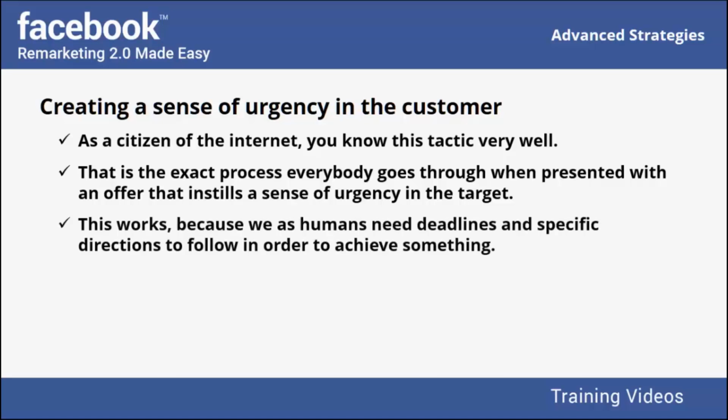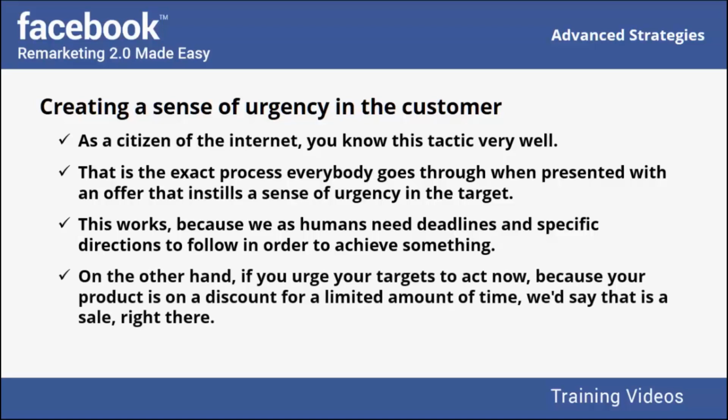This works because we as humans need deadlines and specific directions to follow in order to achieve something. Your product can be the most awesome thing in the world. However, if your marketing strategy is to just let it sit and hope someone will buy it because it's great, well, we will end up sitting and waiting. On the other hand, if you urge your targets to act now because your product is on a discount for a limited amount of time, we'd say that is a sale right there.